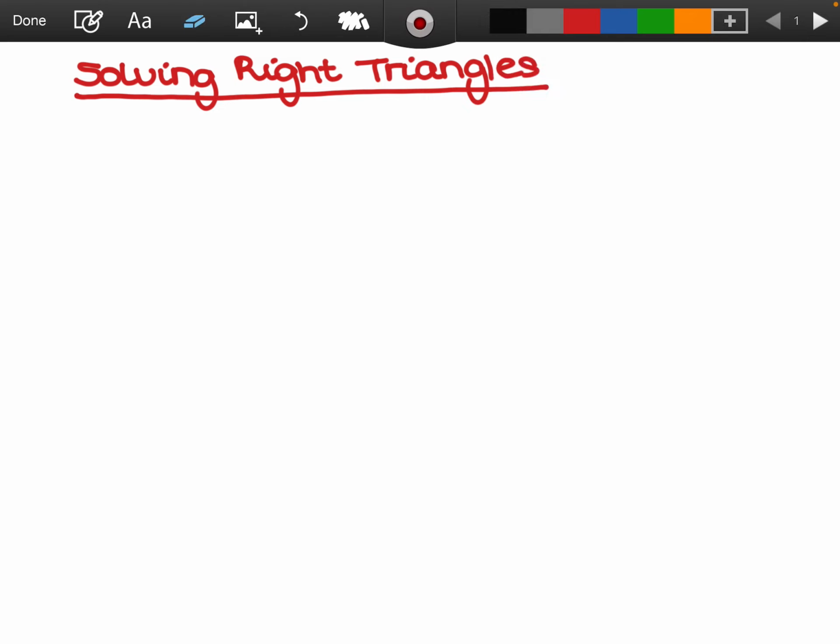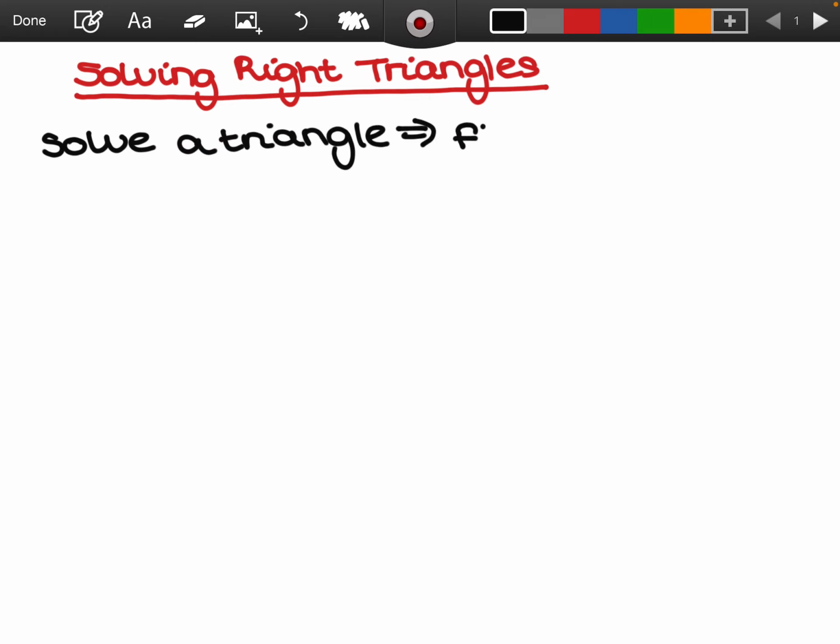So first of all, when we say solving a right triangle, that means we need to solve for all sides and all angles. So whenever they say solve a triangle, that just means we want to find all sides and all angles.